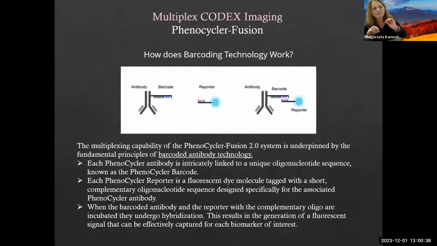So in Codex, they implemented a special barcoding technology where antibodies have an oligonucleotide barcode, and they are visualized with a reporter having a fluorescent tag.